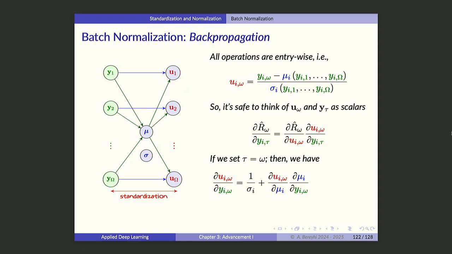What I'm going to do, I'm going to call it a function f, okay? And this function depends on, this is my choice, y1, mu, and sigma, right?